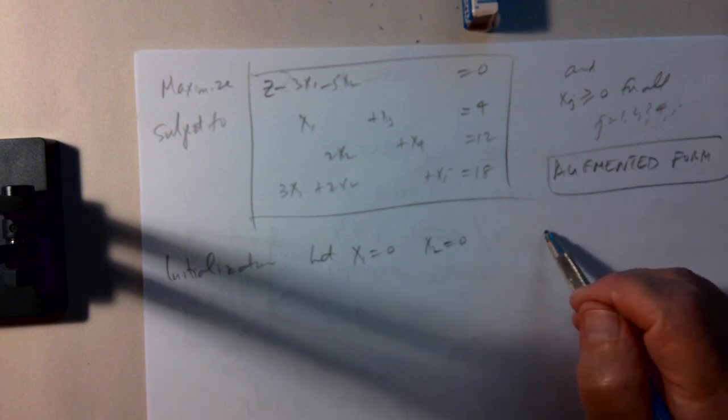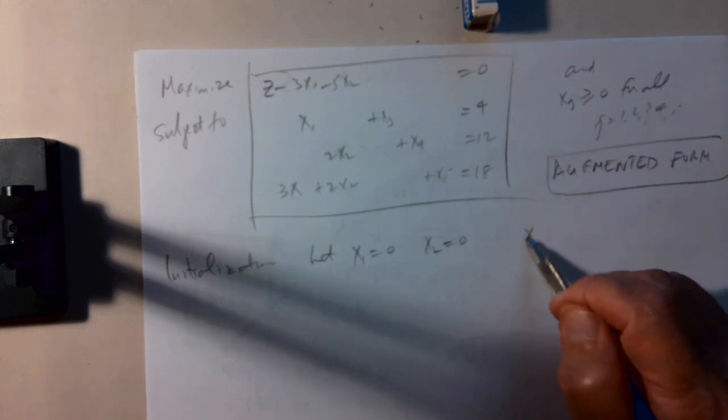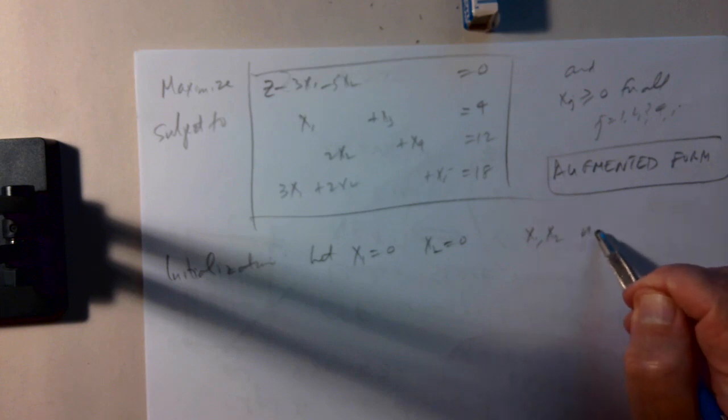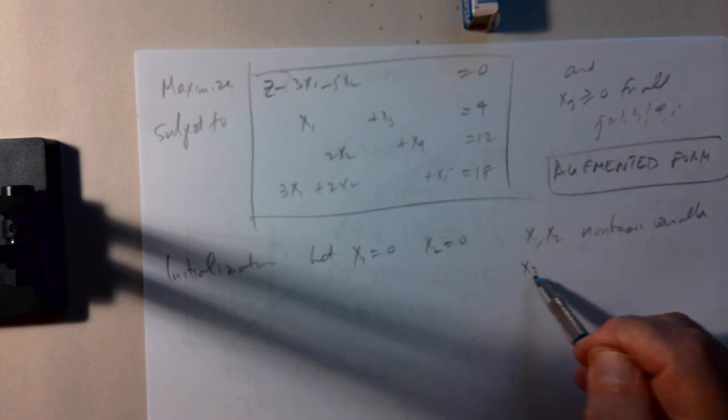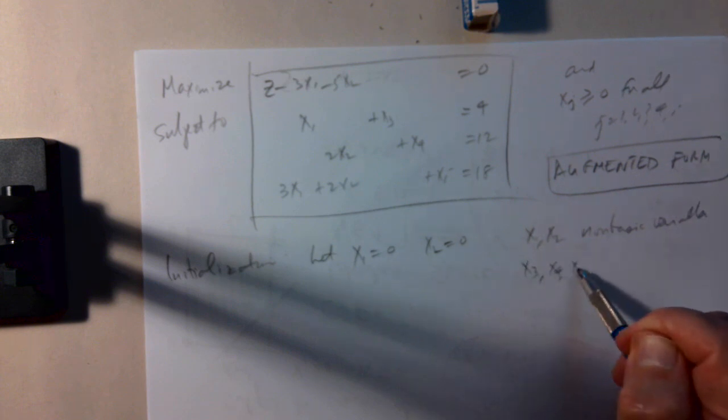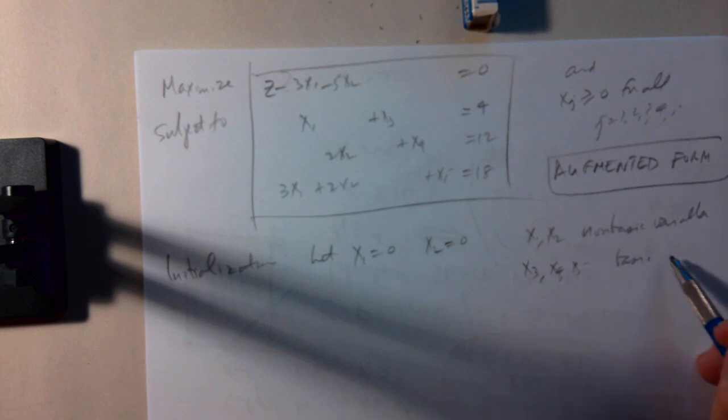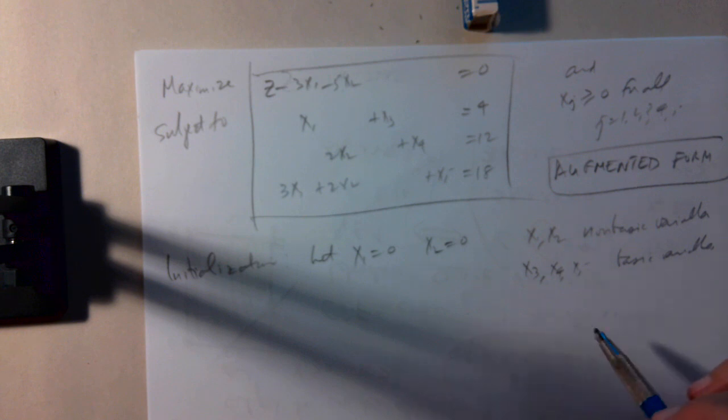The variables you set equal to 0, x1 and x2, are what are called the non-basic variables in this step. And the other variables, x3, x4, x5, are the basic variables. And we want to solve for x3, x4, x5.